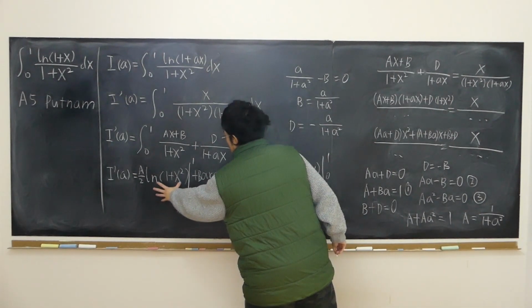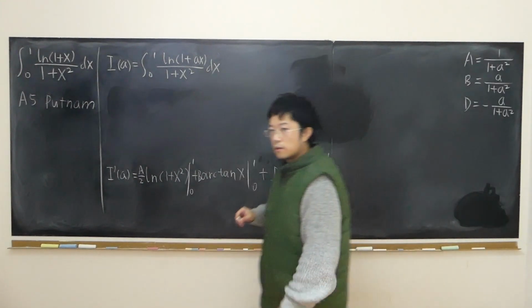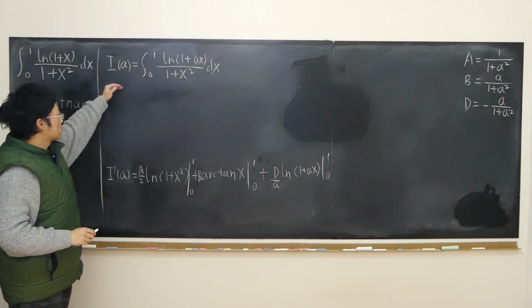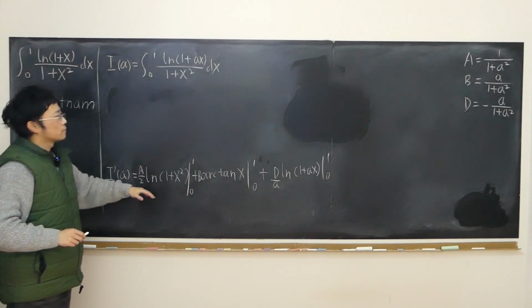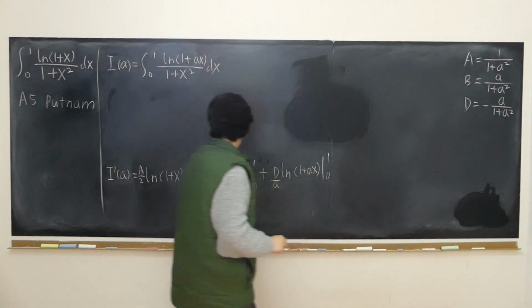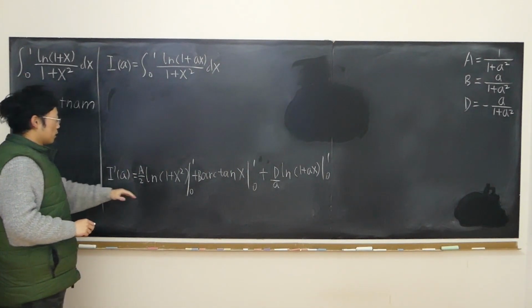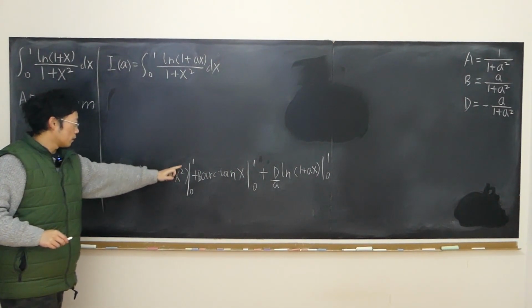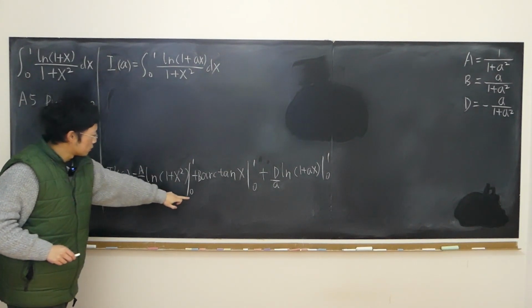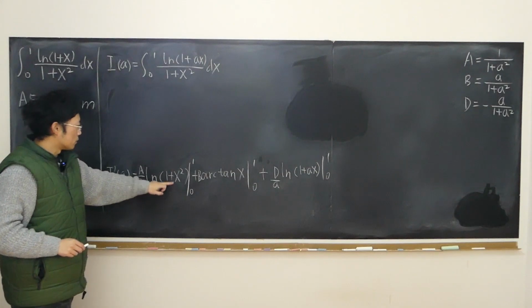So here we have this and that, and this should be easy to evaluate. We've established our parametric function. It can be written like this, and we've also figured out the values of A, B, and D. So simply we can evaluate this one. 1 becomes 1, so log 2. When x is 0, that's log 1, and log 1 is 0.